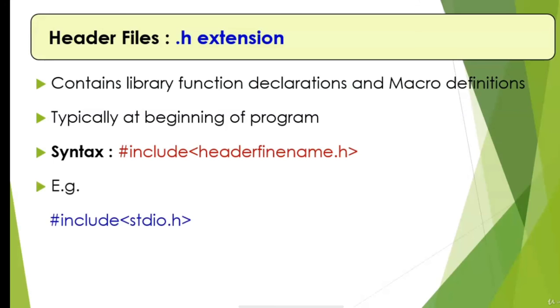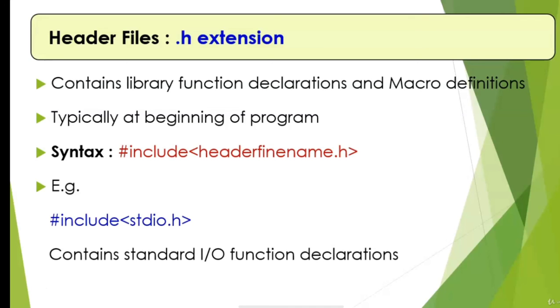For example, #include <stdio.h>. If we include the stdio.h file, it contains the standard input-output function declarations. So anytime we want to use standard input-output functions, we need to include the stdio.h header file in our program.